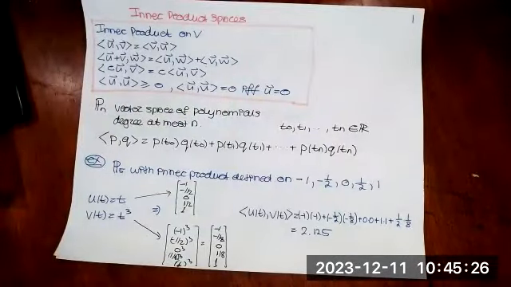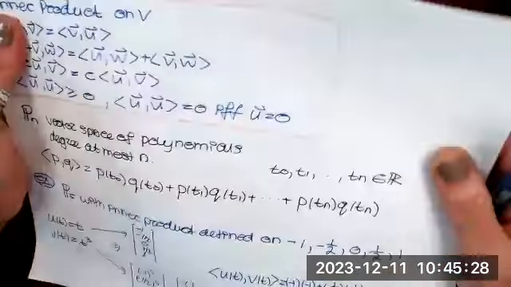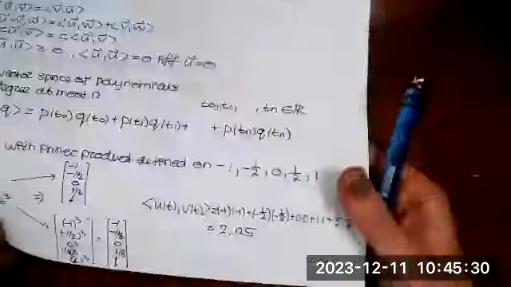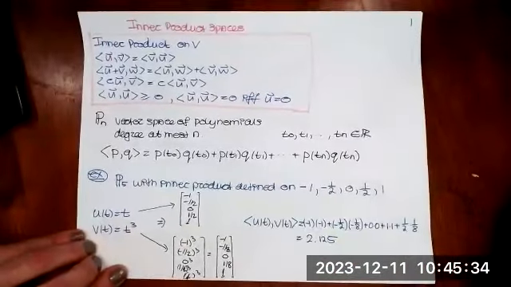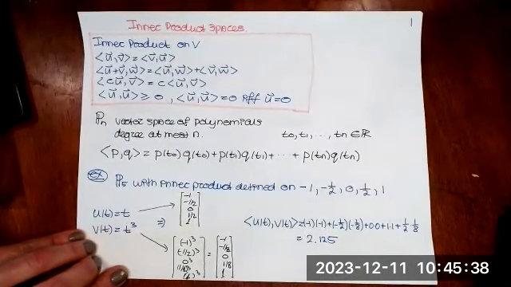What do we need to know from inner product spaces? It's really nothing new. Just like we had our dot product, the inner product is a generalization of the dot product. The dot product is defined for 2 vectors in Rn, but the inner product is defined on a general vector space.